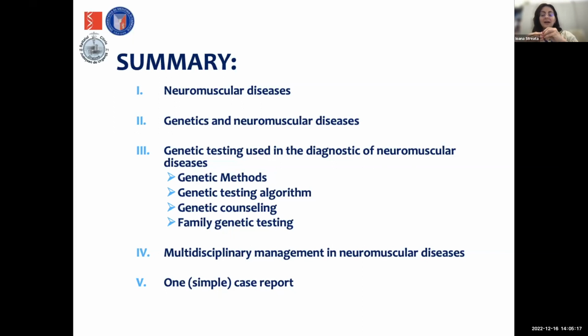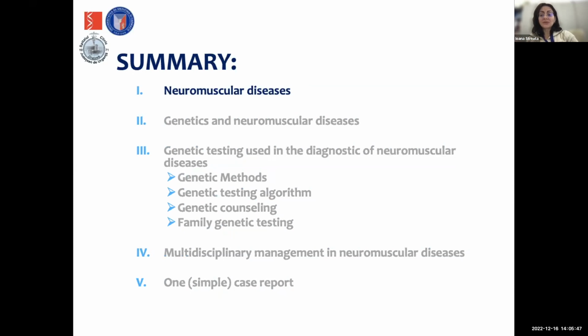And I will outline the importance of multidisciplinarity in neuromuscular diseases, and just to show you all these ideas in practice, I will present a case report with a neuromuscular disease that was managed in our center.